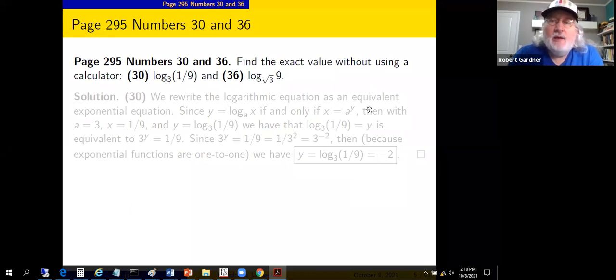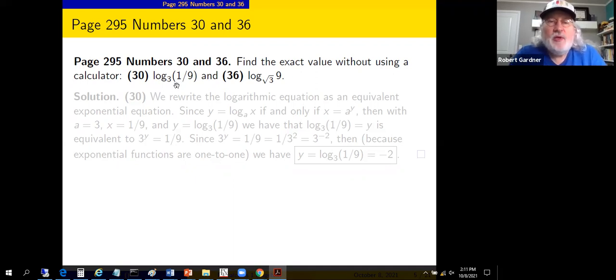All right, a couple more along those lines. This says find the exact value without using a calculator for these log statements. These are of the form the logarithm equals what? Remember, logarithms are exponents.